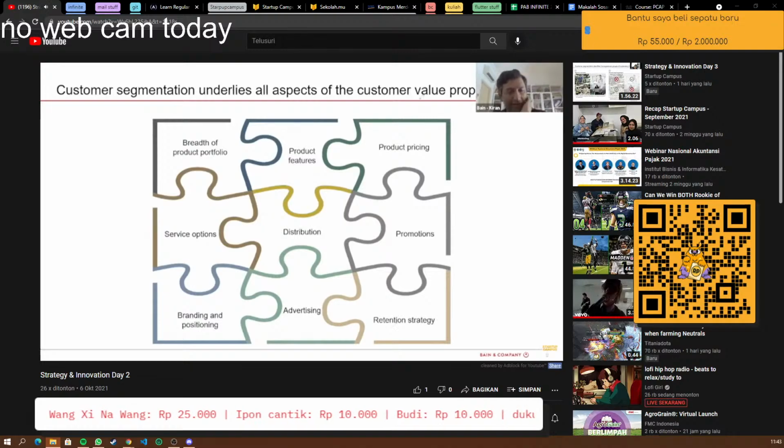Does anybody want to take an example? Maybe a nice Indonesian example? Indomie. Who can tell me how Indomie thinks about this? Or any product that you want. Link aja.